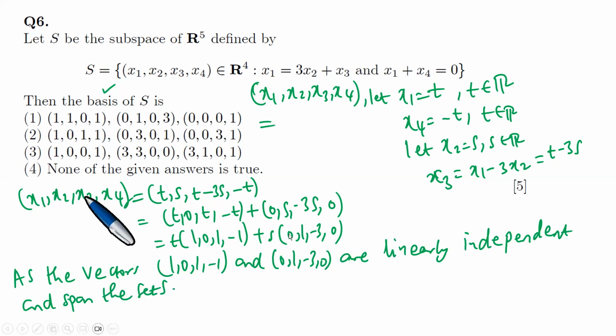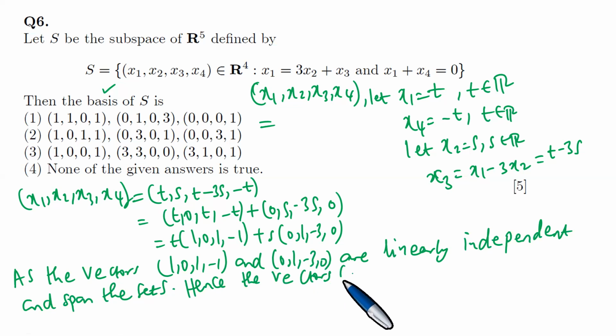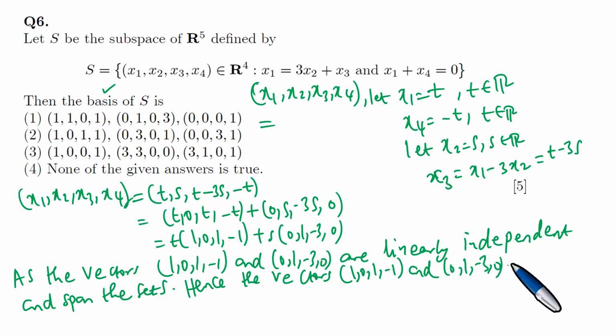How do they span the set S? Because of the linear combination. Hence the vectors that and that form a basis.